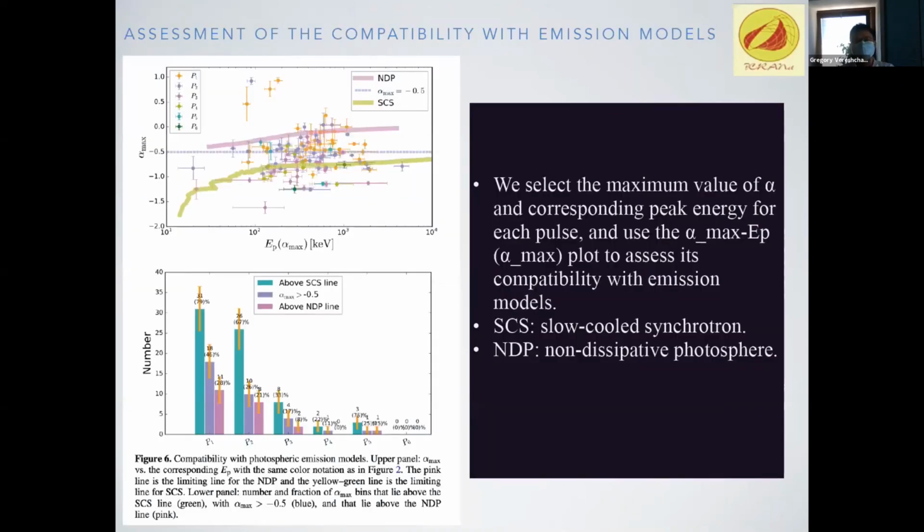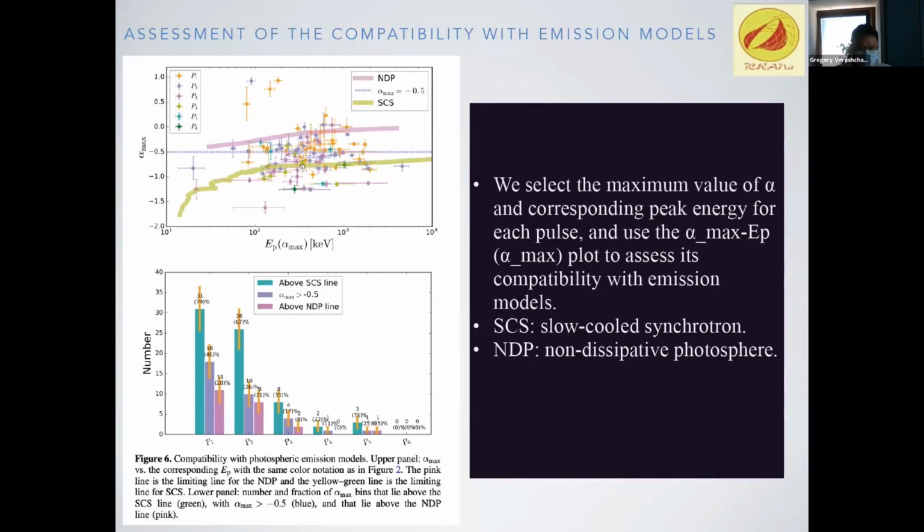So next, we want to assess the compatibility with the emission models. We select the maximum value of the low energy index for each individual pulse and the corresponding data bin of the peak energy for each pulse, and then we plot the alpha max against the peak energy, and the different lines are predicted by different physics models.